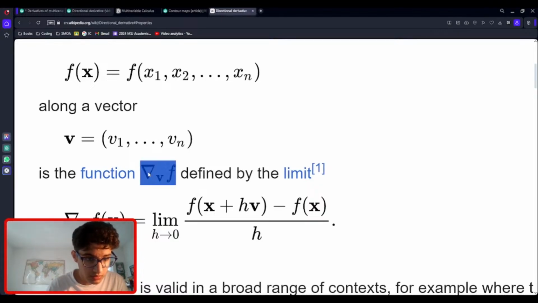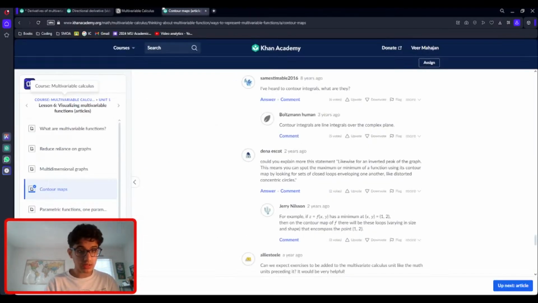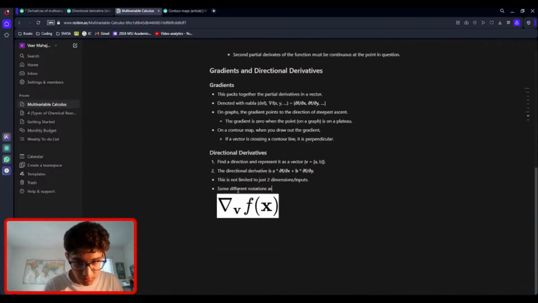Okay, wait, sorry, screenshot this. And yeah, you can extend it in as many dimensions as need be. There's only one notation we'll be using, so we'll keep this then.